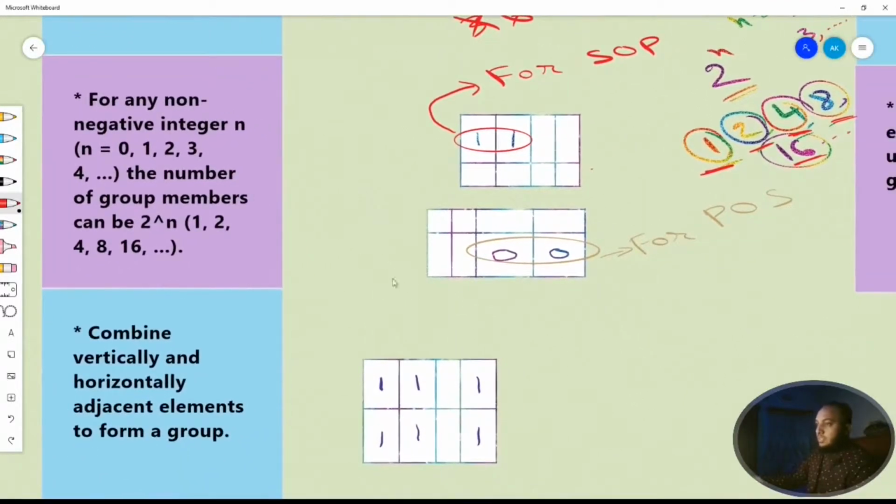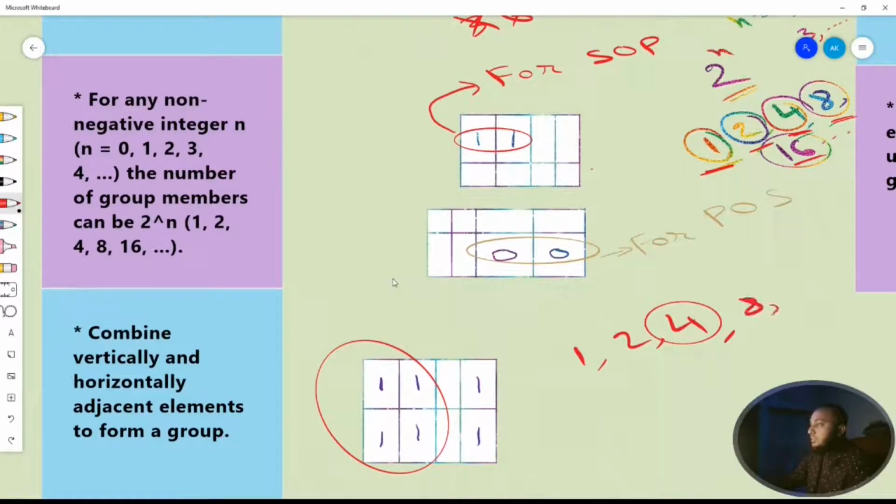Then we can combine elements horizontally or vertically to form groups. So we can form a group like this, because we have 4 members here. 4 is a possible number, okay? That's why we can make a group.